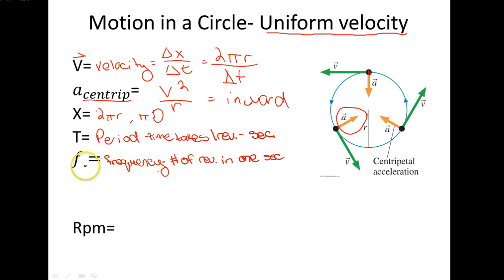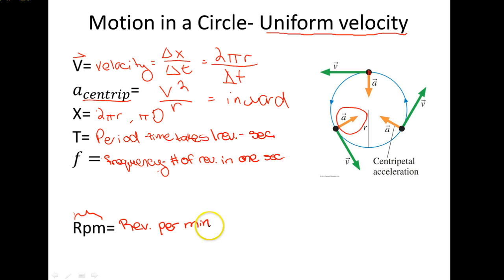A lot of times we express frequency as RPM, and you might be familiar with this from cars or records or something like that. But for a lot of things that move in circles, we talk about revolutions per minute.